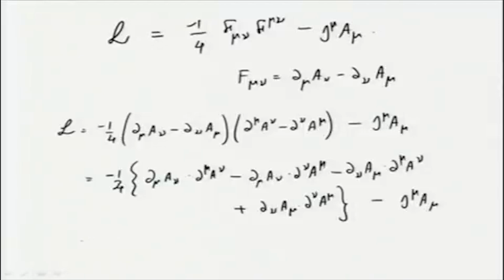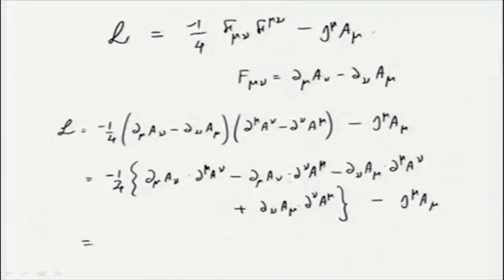So, this is equal to, the first term and the last term in the curly bracket, if you look at them, are the same, excepting that mu and nu are interchanged. Since they are dummy indices, if you interchange, nothing happens. So, they are the same terms.